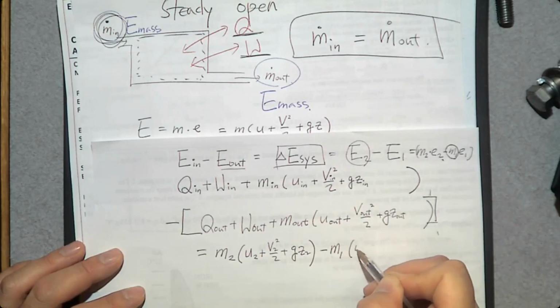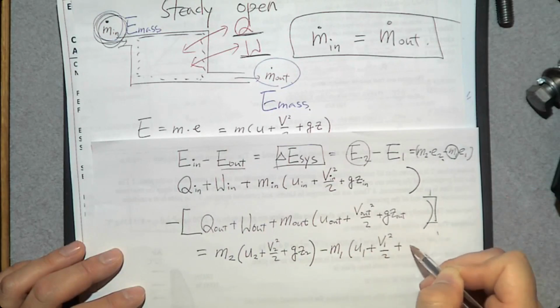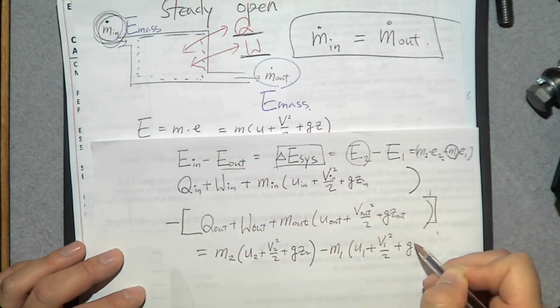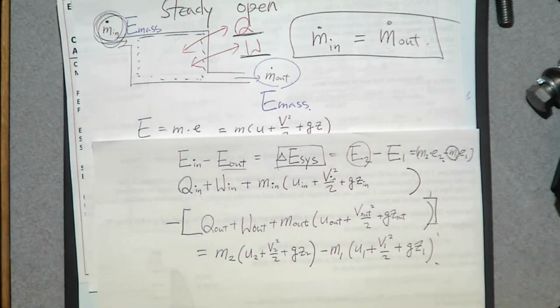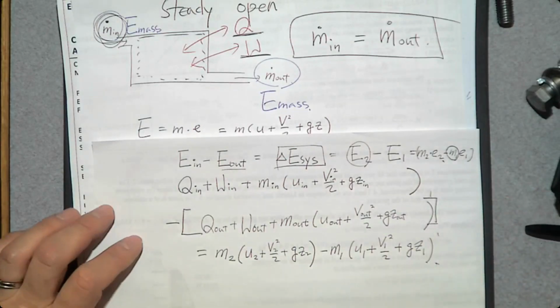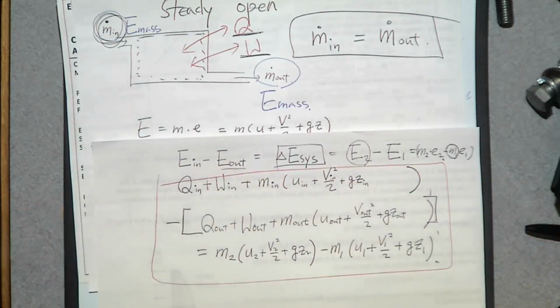It has specific internal energy U1 plus specific kinetic energy V1 squared over 2 plus specific potential energy, gravity times elevation Z1. So this is the energy balance equation for an open system.